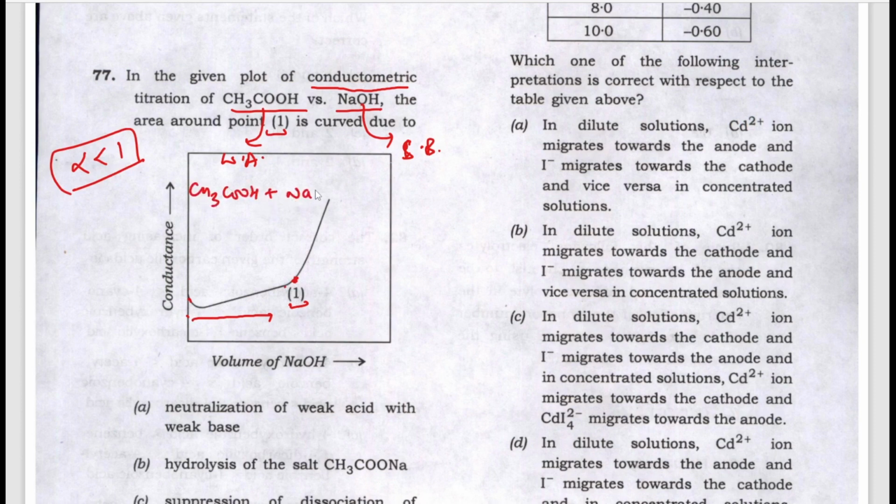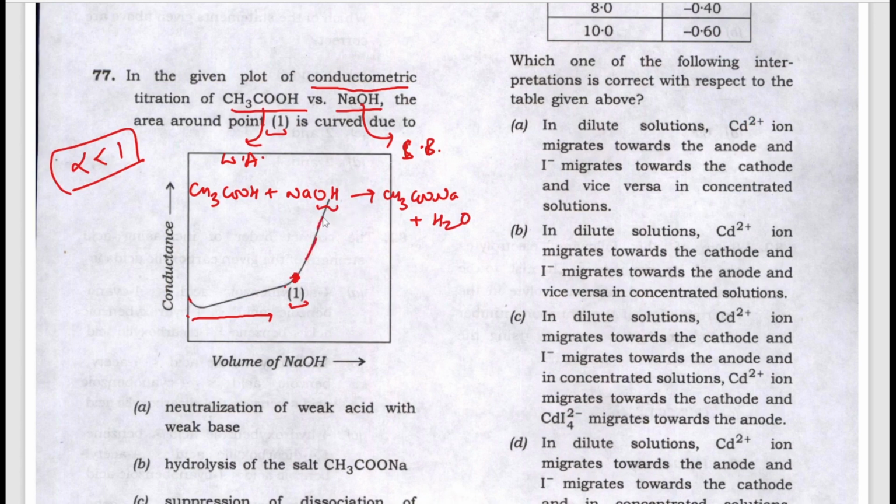We will get a reaction like this: acetic acid plus sodium hydroxide, sodium acetate will be formed plus water. So at this point, up to around point 1, the sodium acetate will be hydrolyzed. After this, when the acid is completely neutralized up to this point, further addition of the base introduces excess fast moving hydroxyl ions due to sodium hydroxide. The conductance of the solution therefore begins to increase even more sharply than before.